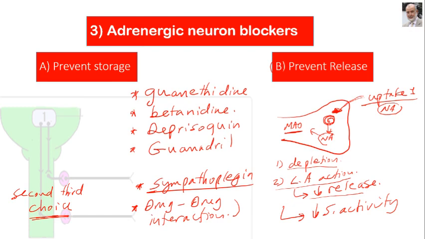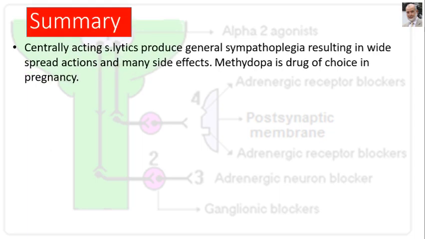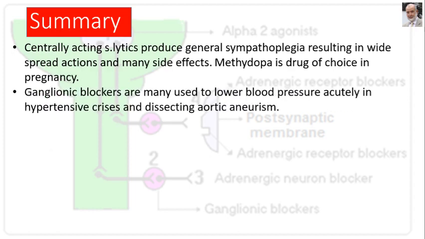So we talked about three groups. In summary, the first group is centrally acting alpha-2 agonists. These drugs produce general sympathoplegia, resulting in widespread action and many side effects. Methyldopa is the drug of choice in pregnancy, and we said that clonidine has clinical use in the treatment of hypertension and to decrease withdrawal symptoms due to drugs of addiction like alcohol, barbiturates, and morphine-like drugs.